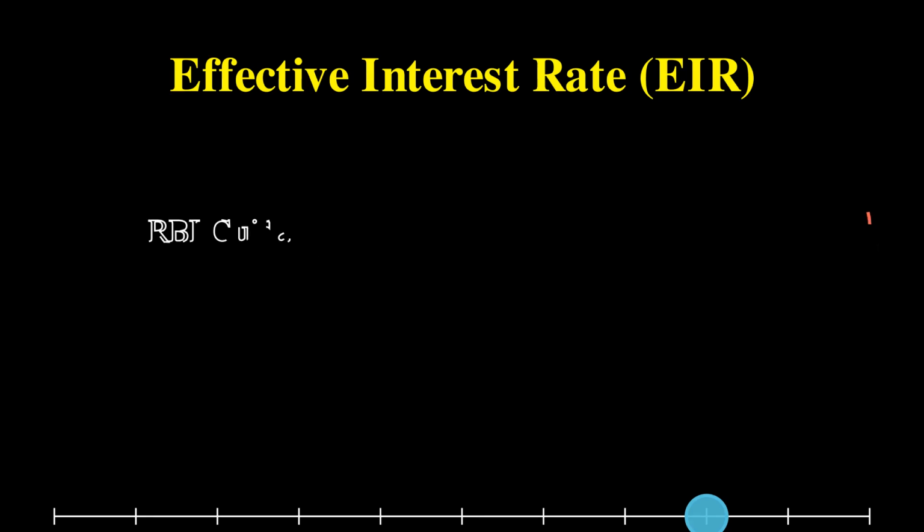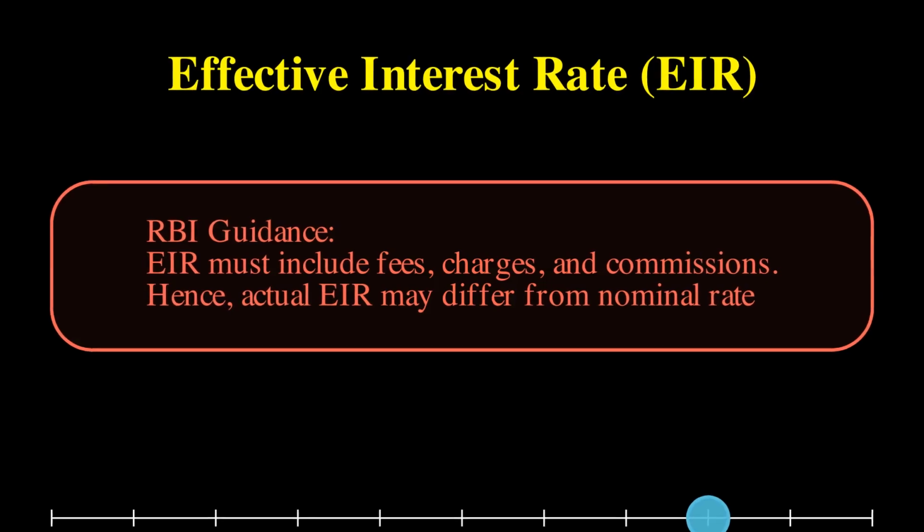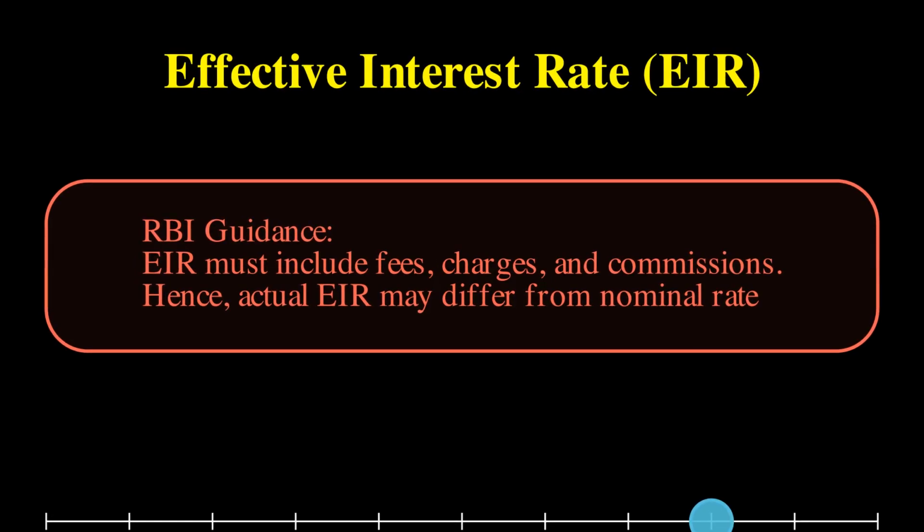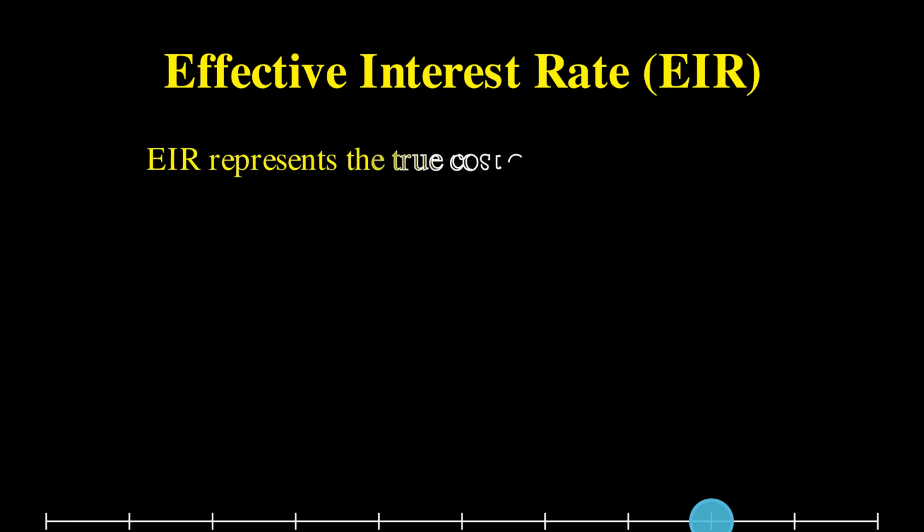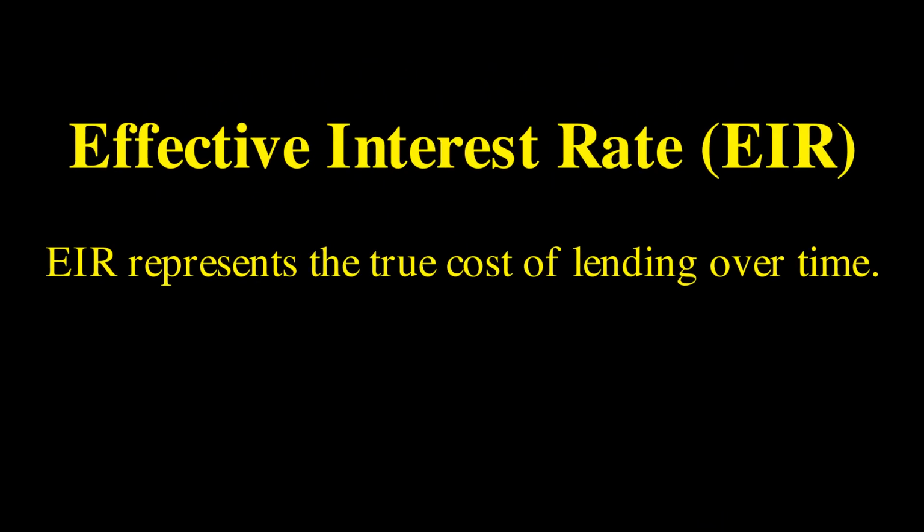According to RBI guidelines, EIR must include all fees, charges, commissions. Hence, the actual effective rate may differ from the nominal rate. To conclude, the effective interest rate represents the true yield on a financial asset or the true cost of a liability.